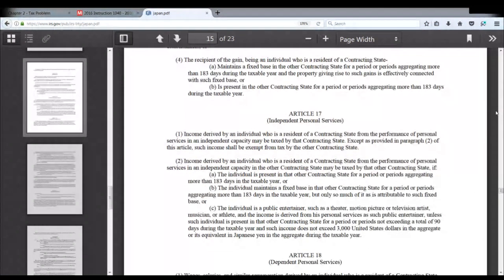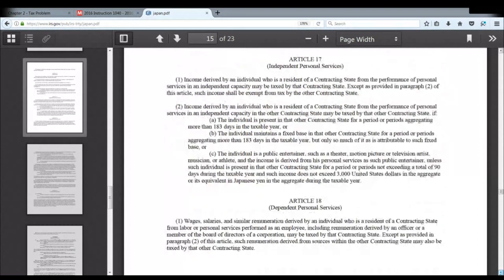Income derived by an individual who is a resident of a contracting state from the performance of personal services in an independent capacity may be taxed by that contracting state if the individual is present there for more than 183 days.